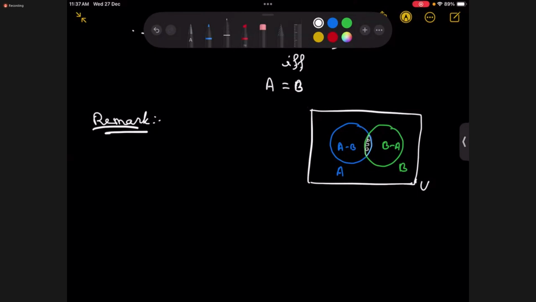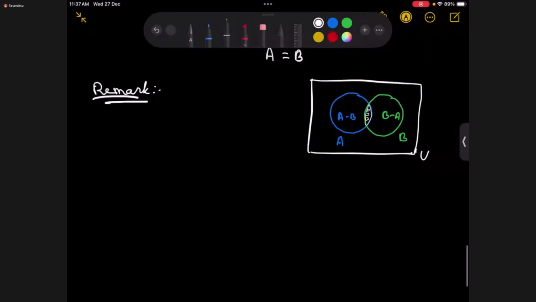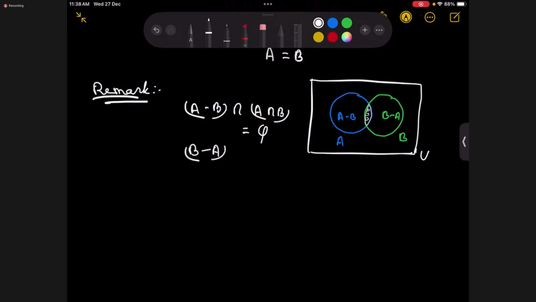Clearly one can check that A intersection B intersection A minus B is equal to the empty set. That is, A minus B and A intersection B are disjoint. Similarly, B minus A intersection A intersection B is the empty set, and obviously A minus B intersection B minus A is the empty set.